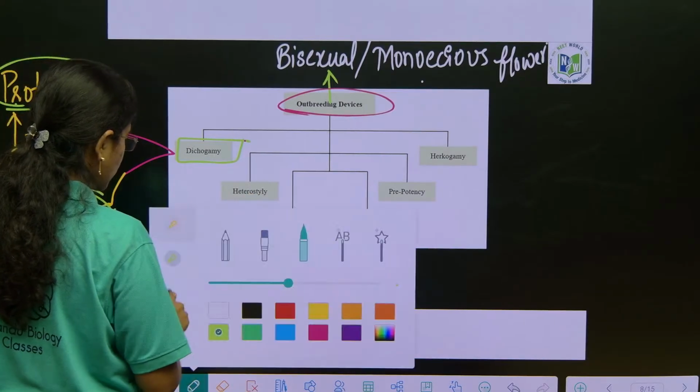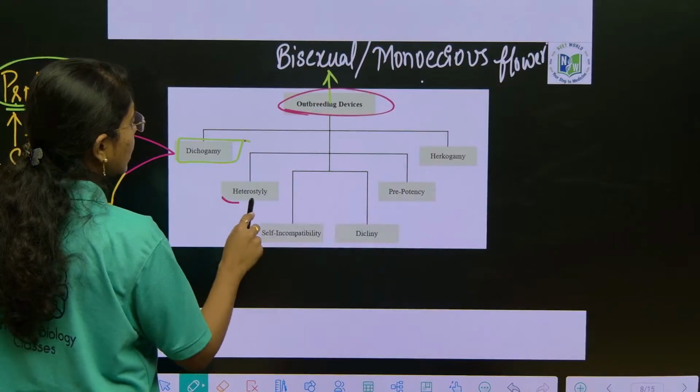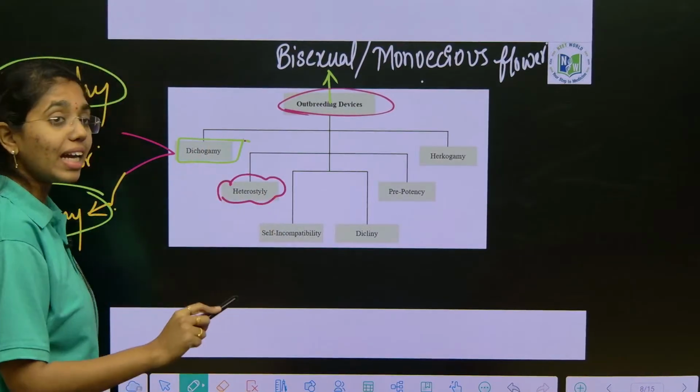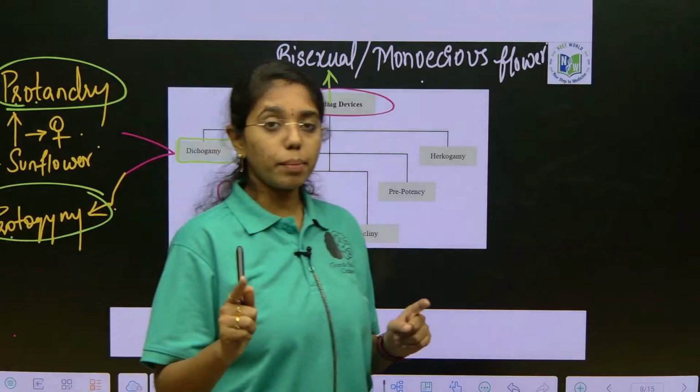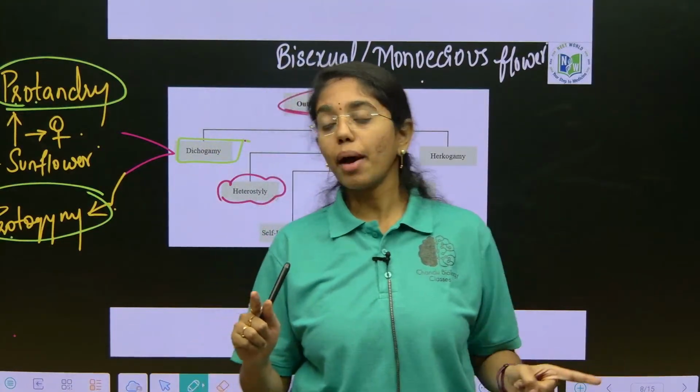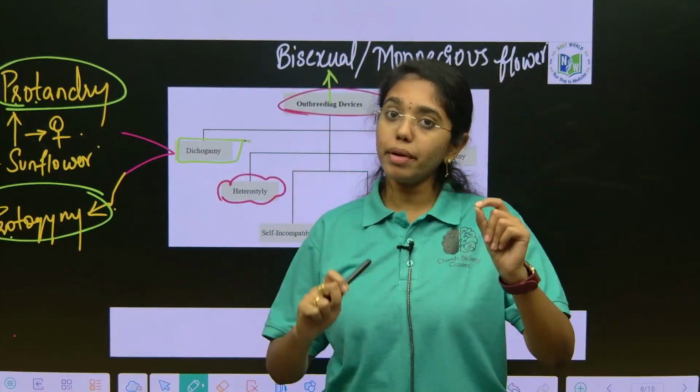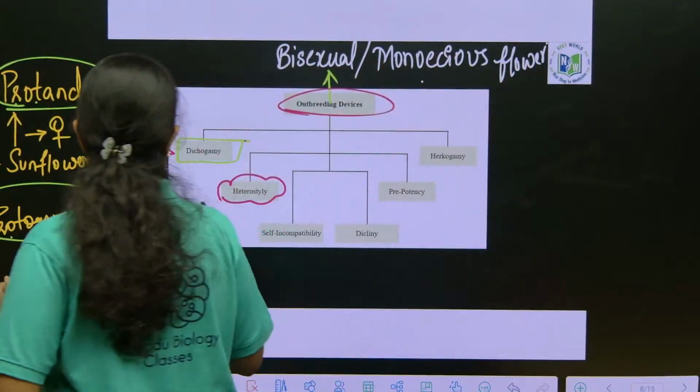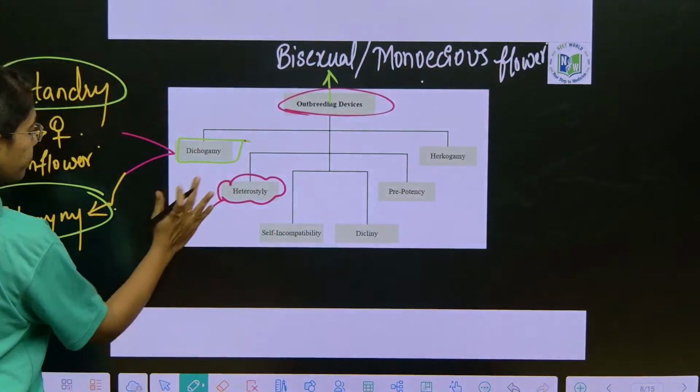Next is what? Heterostyly. Next is heterostyly, that is the lengths of style in the female reproductive structure and filament in the male reproductive structure will be varying.